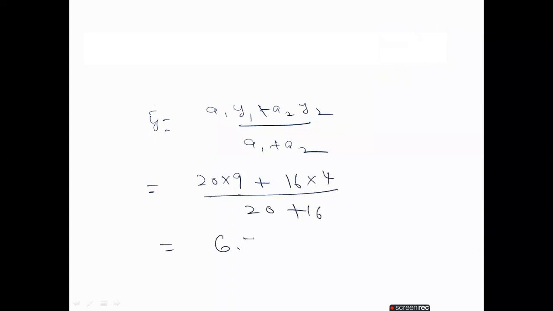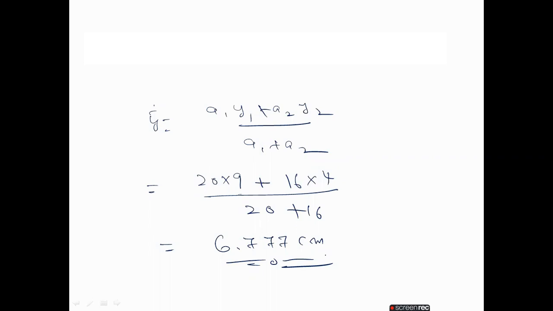So we will get total 6.777 centimeters. This is the value we have to take from the calculation. The center of gravity is located at 6.77 centimeters.